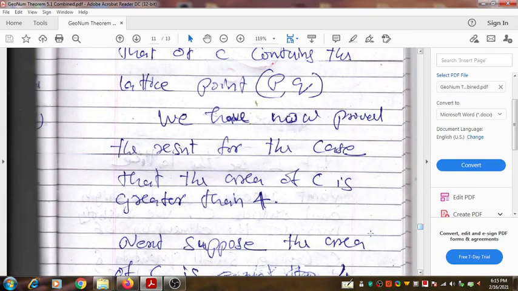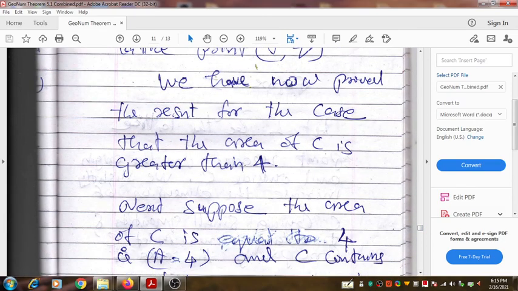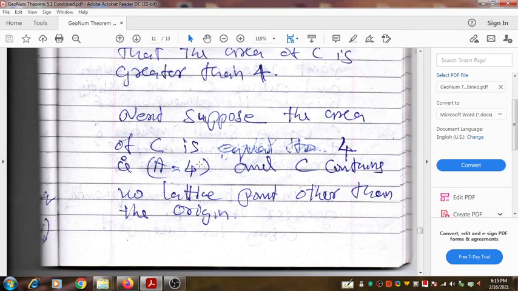In that case, what happens? We suppose that the area of the M set C is equal to 4. That is, A is equal to 4, where A is the area of the given M set. We also make an assumption that C contains no lattice points other than the origin.